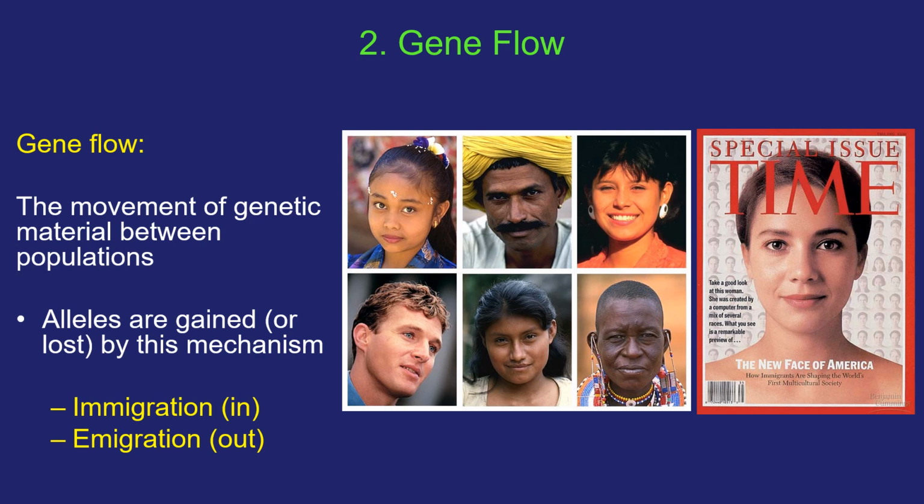And for that reason, we do see distinct races and differences. Now, fortunately, there is a lot of mixture. A lot of gene flow is going on in the global human population right now. And we might talk about this a bit later, but having a diversity of alleles in a population, having a diversity of alleles in an individual is a good thing.